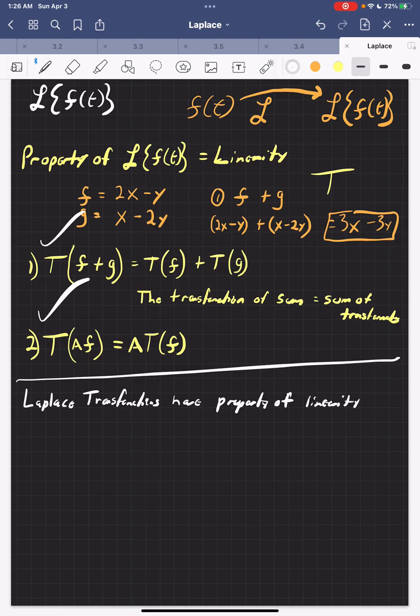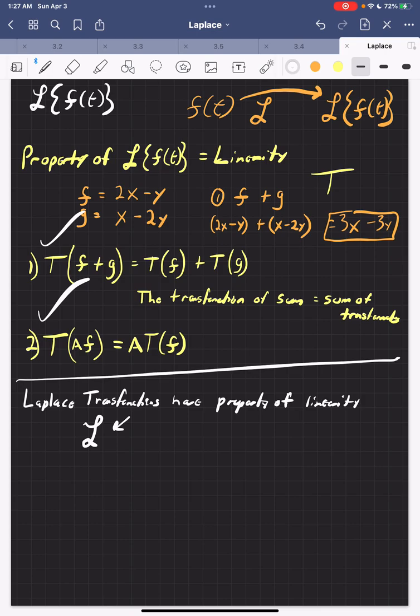In fact, the way you would really think about it is this whole Laplace, this is what you would consider a linear operator, right? That's the way you would really think about it. But nevertheless, what does that mean?